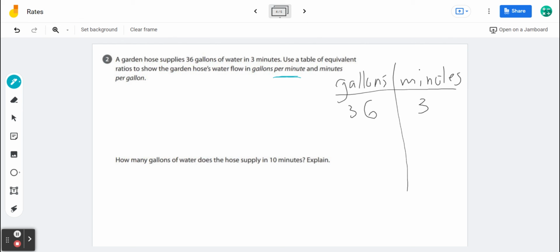Per minute means 1 minute. And they also want us to figure out minutes per gallon. So that means for 1 gallon. So you have 2 blanks for this table. You have a blank here, and you have a blank here. You're supposed to fill in both of those blanks. And then answer part 2.